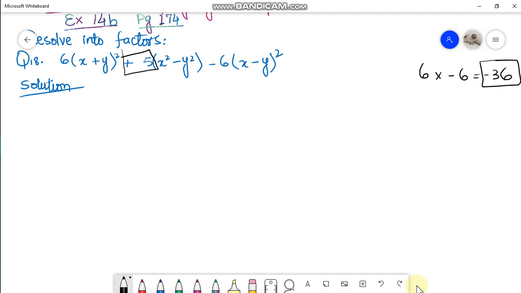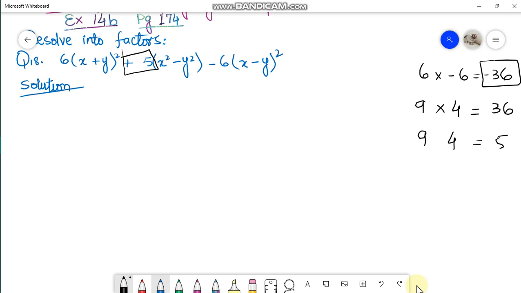The middle term is positive 5. So 36 has quite easy factors. You can take 9 fours are 36, and 9 and 4 will give you 5. How? If you take positive 9 and negative 4, it will give you 5.